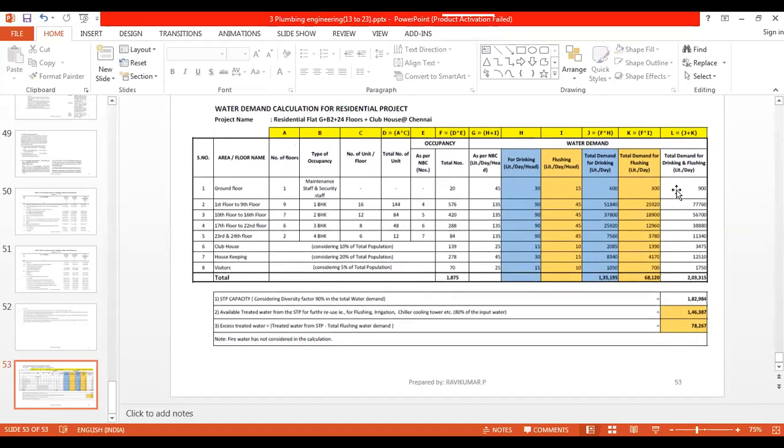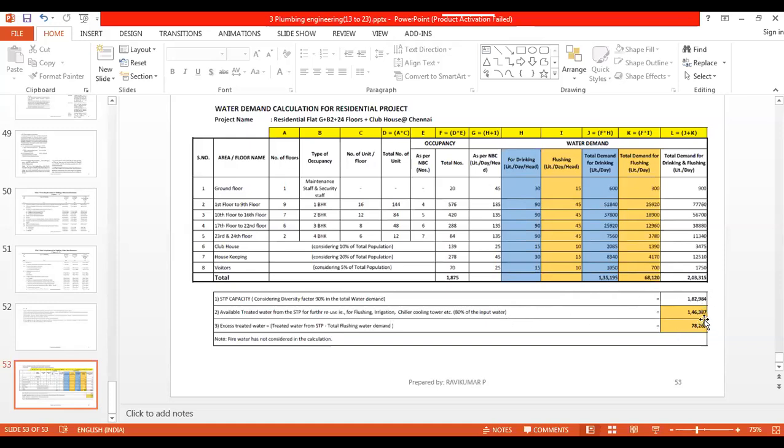You can also put how many people are going to occupy in one rectangle. For the people, total domestic water needed is 130 kiloliter, and for flushing, 68 kiloliter. Both together make 198 kiloliter. How much are you putting into the STP? 182 kiloliter feeding into the STP.